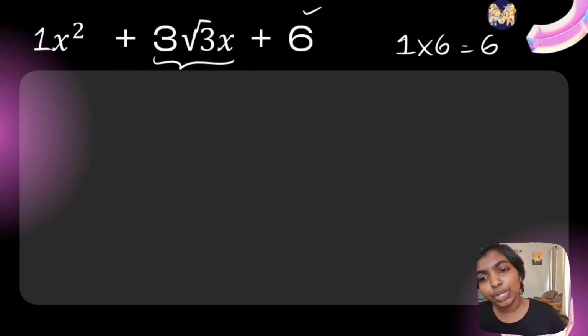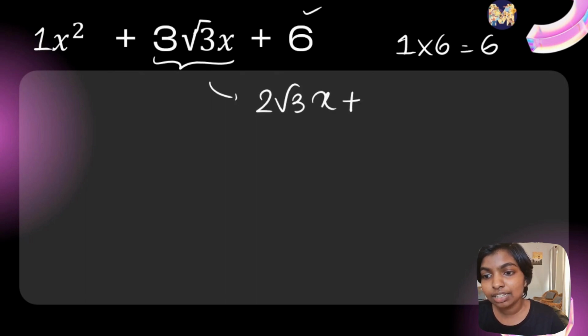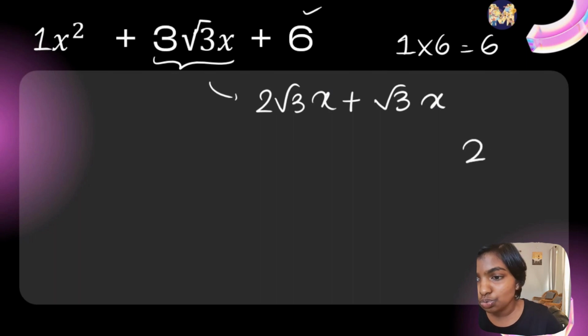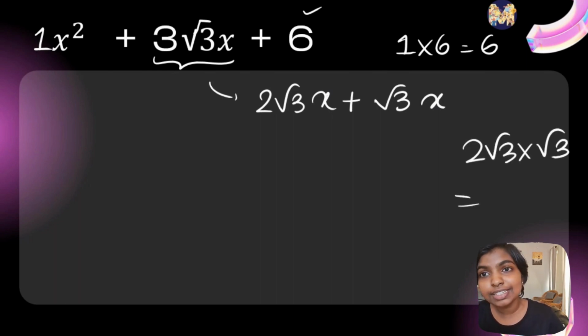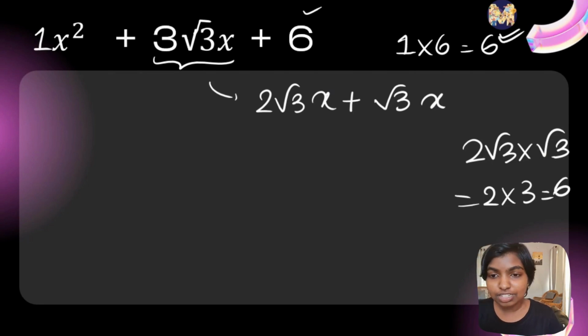Okay, so when I look at ways to split 3 root 3, I can do it as 2 root 3x plus 1 root 3x. So 2 root 3x plus root 3x is going to give me 3 root 3x, and their product, 2 root 3 times root 3, where root 3 times root 3 is 3, so 2 times 3 is going to give us 6, which is the desired product, right? So yes, I can split 3 root 3x as 2 root 3x and root 3x.